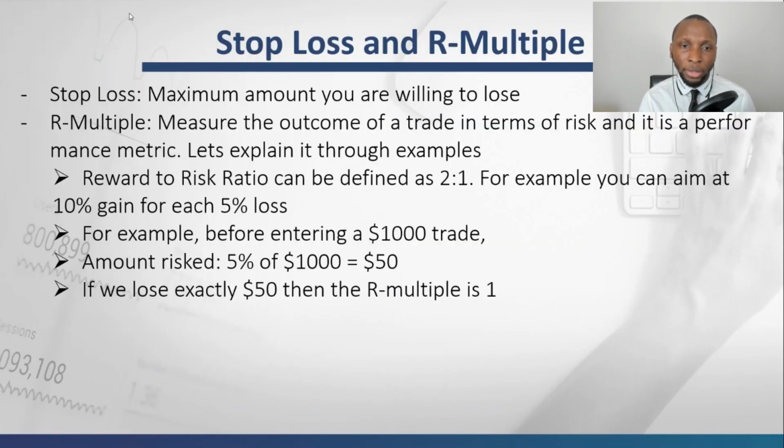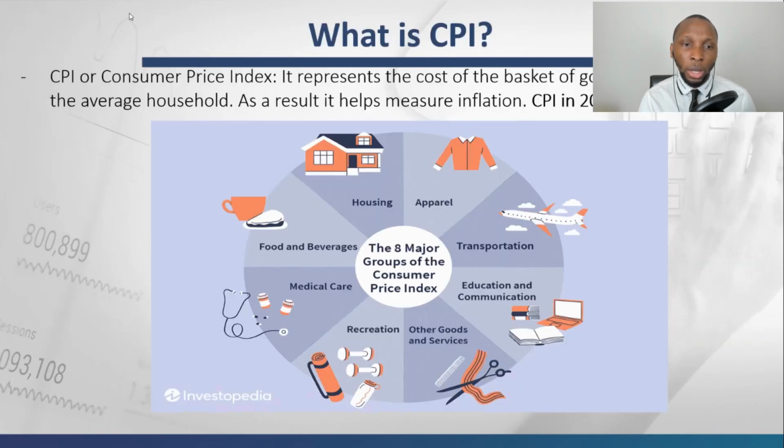I hoped I had that formula. I couldn't find it, but basically the CPI is being used in calculating the inflation. This is a simple formula. I was hoping that I had this in this video, but I don't have it. I may show you if you need it.